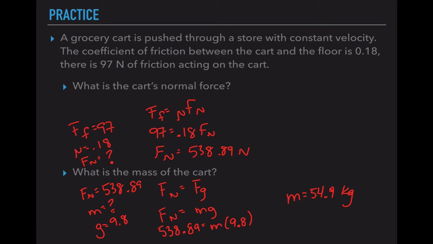Now, I could ask for all this information in one problem. Instead of having you solve for the cart's normal force, I could have just strictly said what is the mass of the cart. And if I did that, you would have used Ff equals mu mg in one step and still calculated the same final answer.